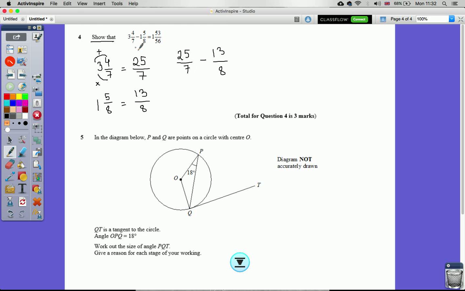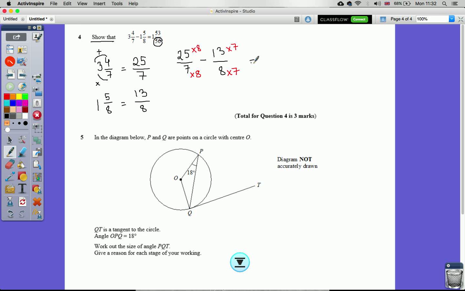Now your clue is the denominator is going to be 56. So what we do is I'm going to multiply this 7 by 8 and the numerator by 8, the denominator by 7 and the numerator by 7. So let's see what we are getting.